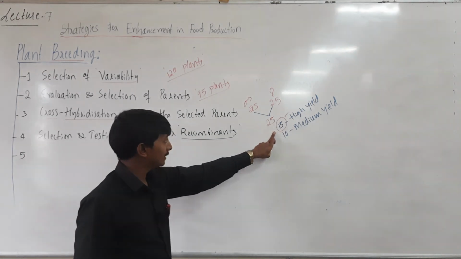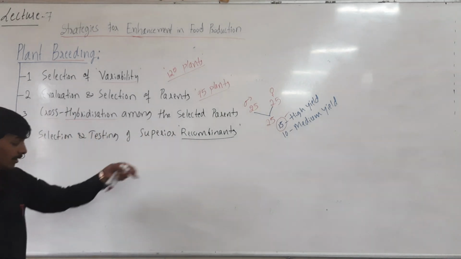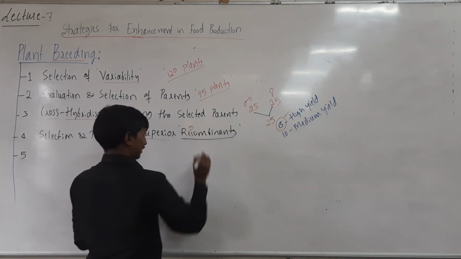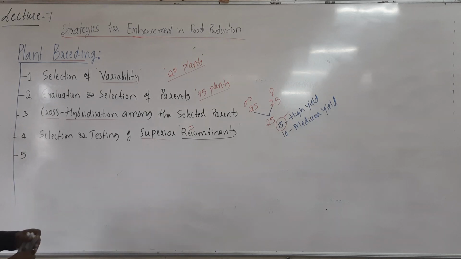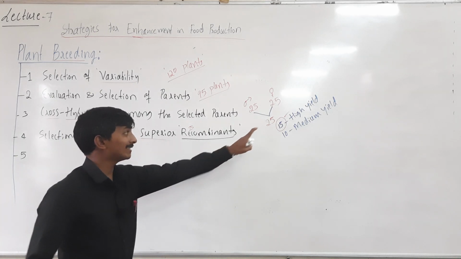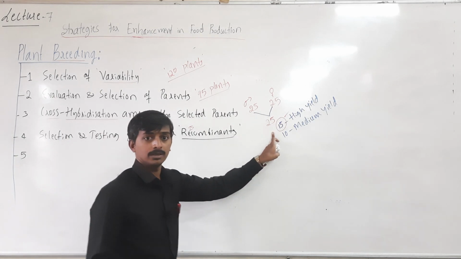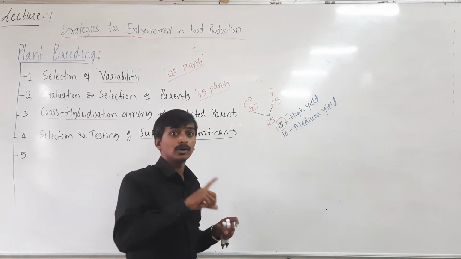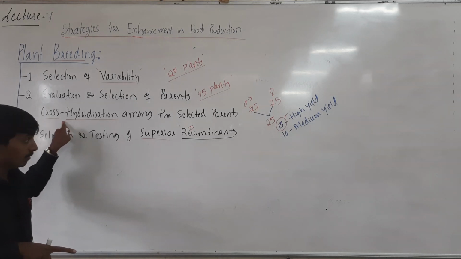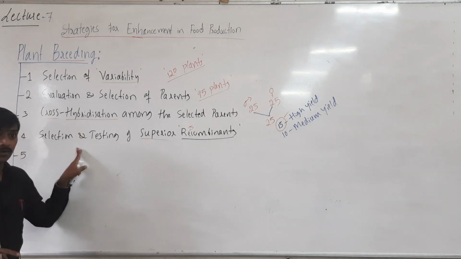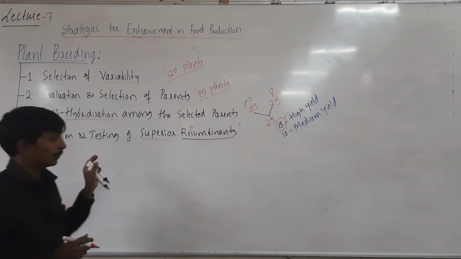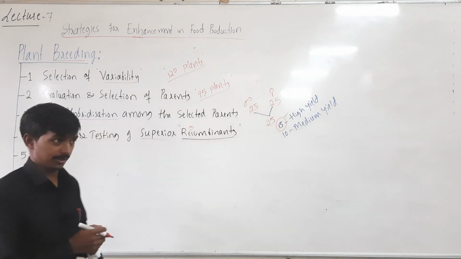So, now I can say this as the superior recombinant, that is 15 is the superior recombinant. So, we have selected those superior recombinants. Among these 15, again then self pollination is done. Here we have done cross pollination, but here they have allowed them for a self pollination to get the pure line, to get the pure characteristics.